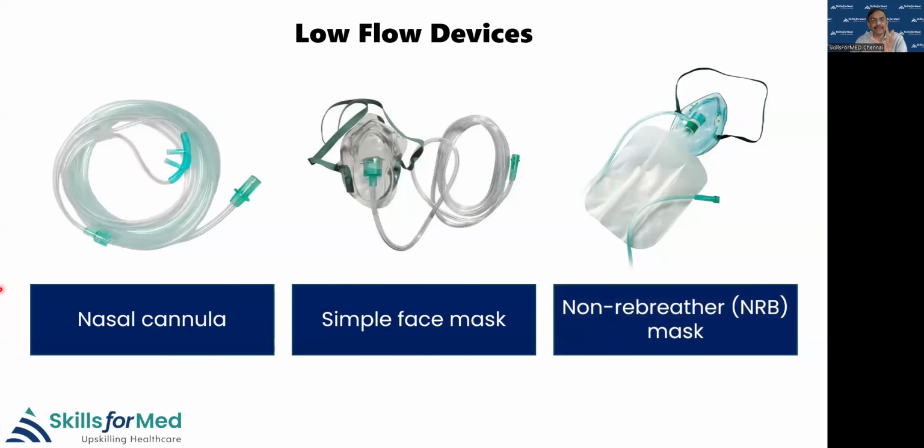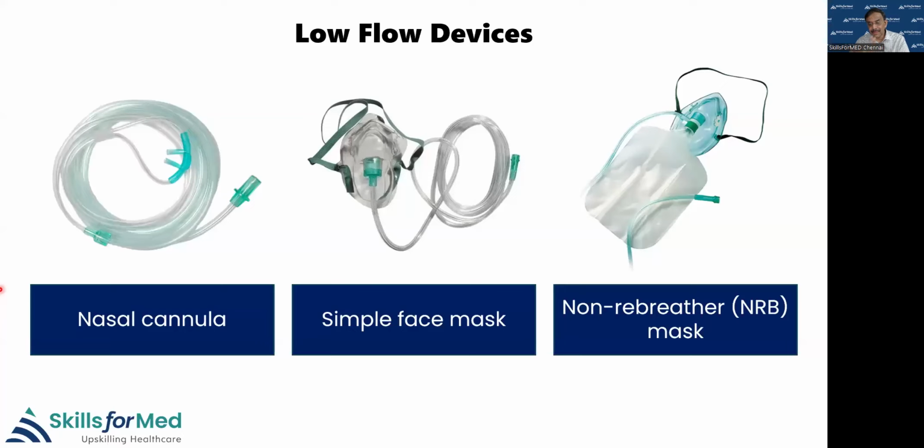We classify these very broadly into low flow devices and high flow devices, depending on how many liters per minute are flowing through them, which can be set on the flow meter on the wall. The low flow devices are the nasal cannula and simple face mask. The non-rebreather mask is actually a high flow device, though some classify it as low flow.